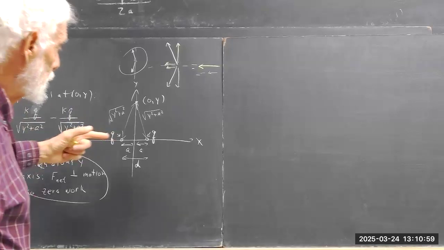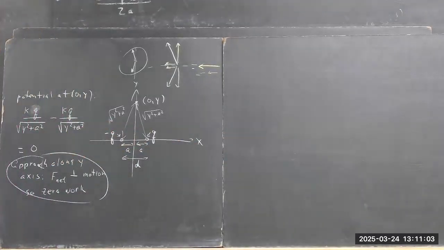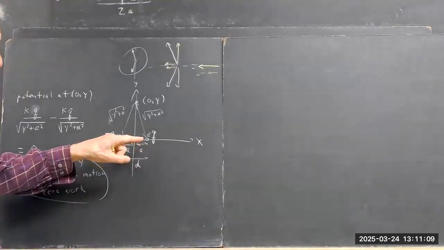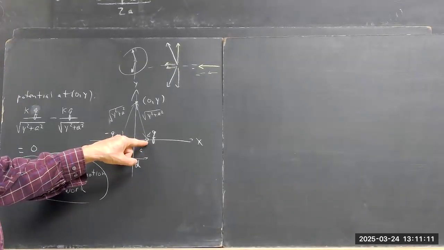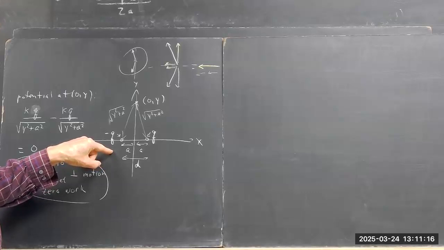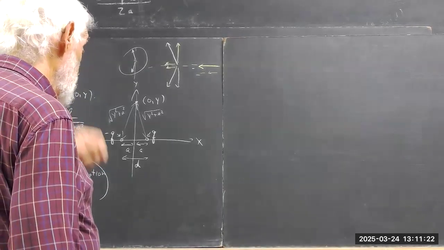Now, in the dipole field, as you approach along the x-axis, you always do have a force. Because if you're at a point on the x-axis, the magnitude of the force you get from the closer charge exceeds the magnitude of the opposite force you get from the negative charge. So it's not quite that simple.